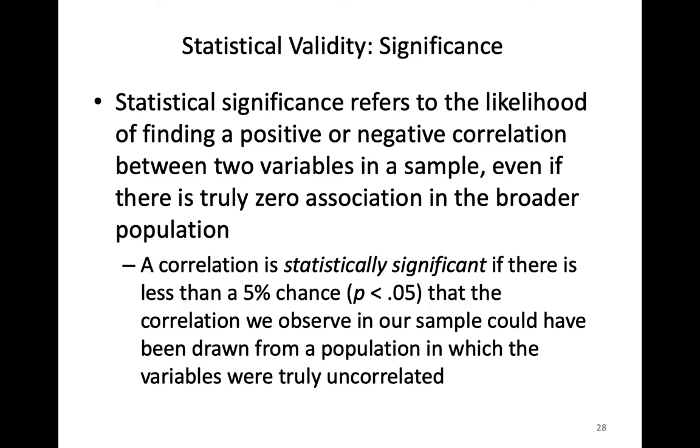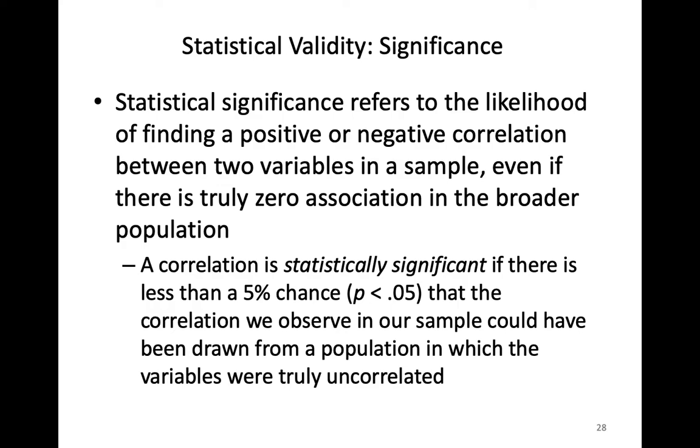Now, the other thing to ask is whether that correlation is statistically significant. This will hopefully ring some bells from your statistics class, but when we talk about statistical significance, we're talking about the likelihood of finding a positive or negative correlation between two variables in a sample, even if there's truly a zero association in the broader population.